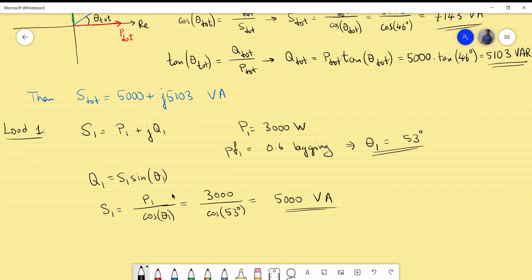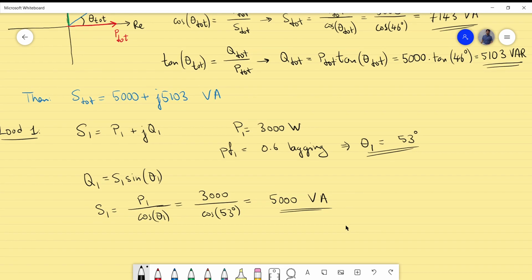Now using this S1, I can calculate Q1. Q1 will be 5000 times the sine of 53 degrees, which gives almost 4000, so it is 3998 volt amperes reactive.